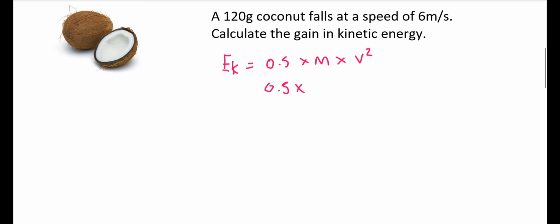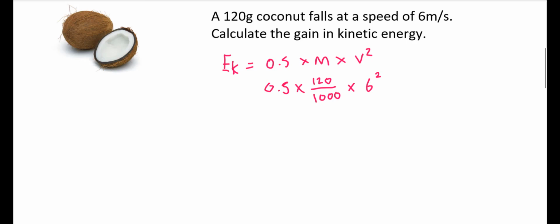So we would do 120 divided by 1,000, and that would convert the grams into kilograms. And then we can multiply that by our speed, which is 6 meters per second squared. Now, I like to do the equations separately.